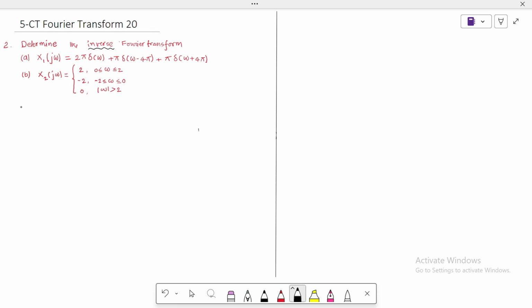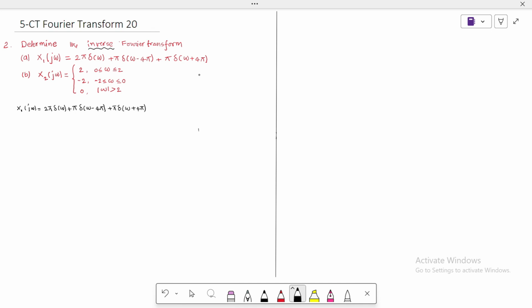First of all, I would like to write this signal: X1 of j omega equals 2 pi del of omega plus pi into del of omega minus 4 pi plus pi into del of omega plus 4 pi.